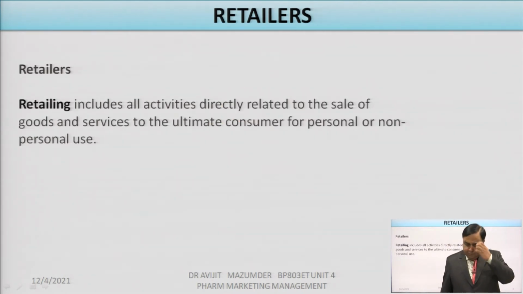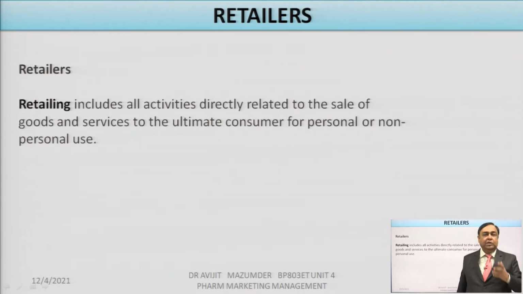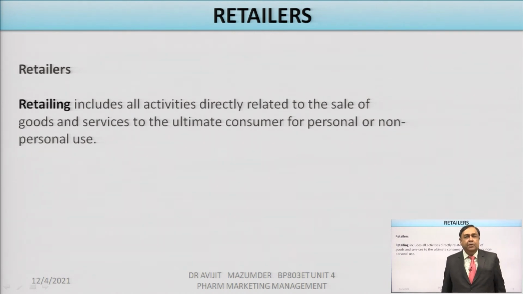retailers. Question is, what is retailing? Retailing includes all activities directly related to the sales of goods and services to their ultimate customers for either personal or non-personal use. It may be industrial goods, it may be domestic goods.